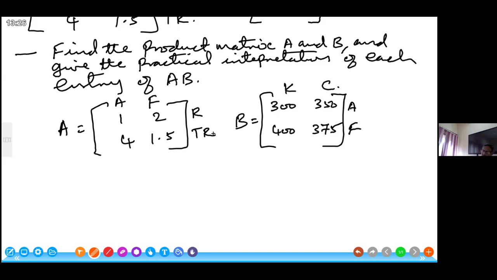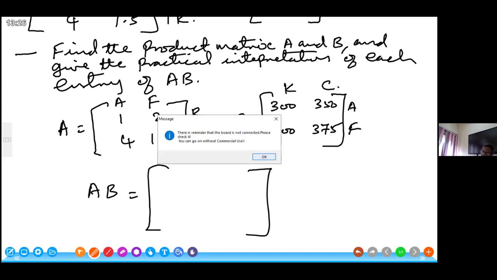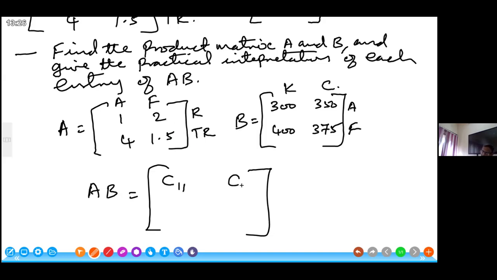Now we want to find out the value of AB. For example, let's say AB is C11, C12, C21, C22.